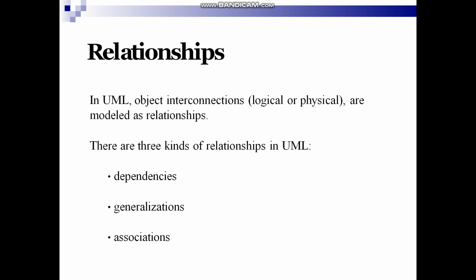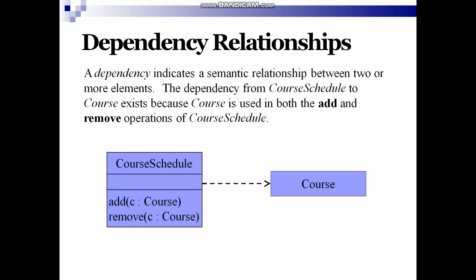Relationship. In UML, object interconnections, logical or physical, are modeled as relationships. There are multiple kinds of relationship: dependency, generalization, association, and aggregation. Dependency relation. A dependency indicates a semantic relationship between two or more elements.